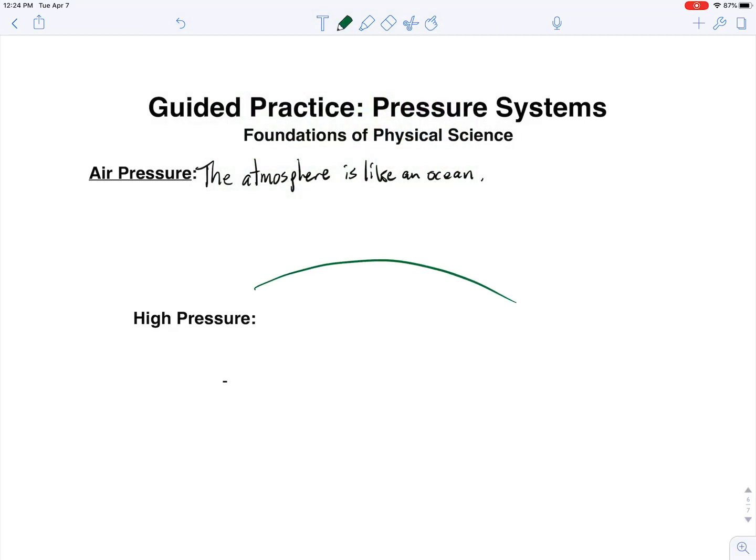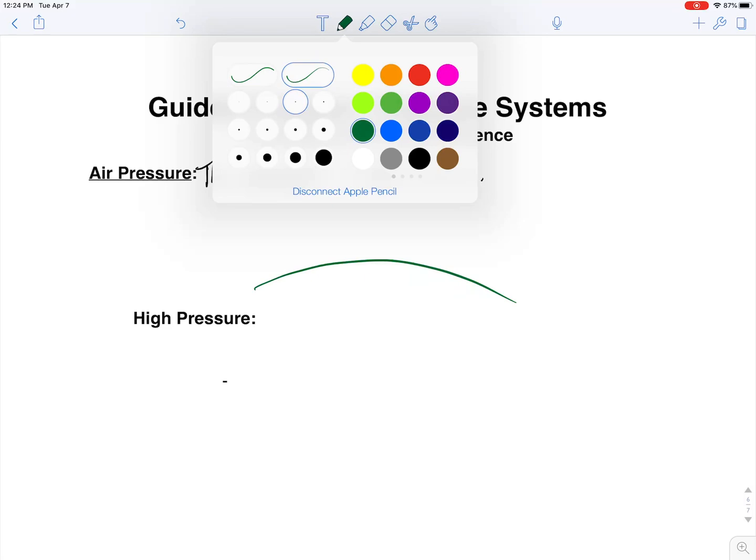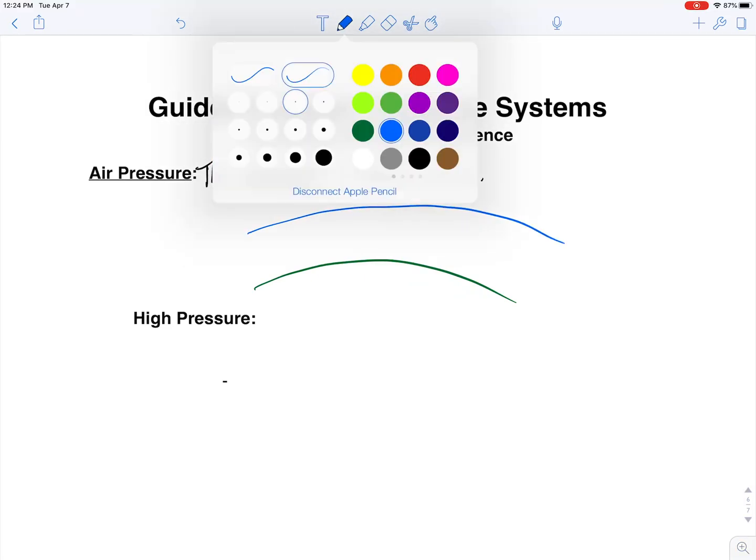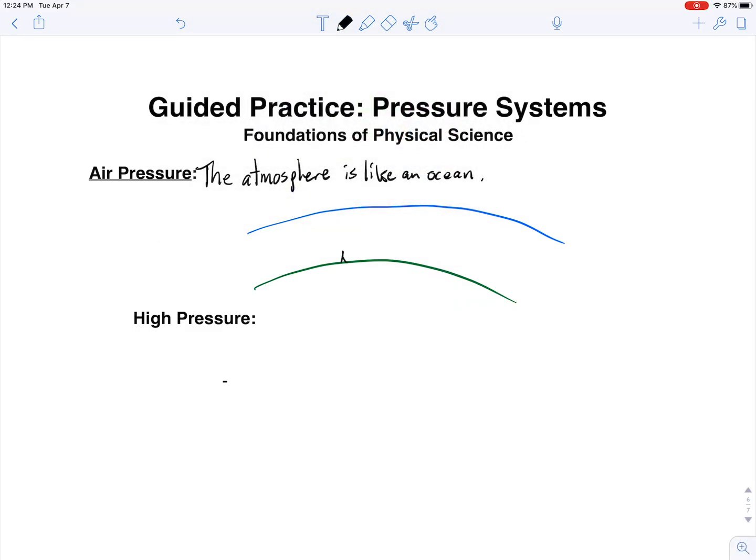We essentially live at the bottom of an ocean of air. If that's the Earth, here's our atmosphere, and we live down here at the very bottom of that ocean of air above the Earth. So we're experiencing a decent amount of pressure from all that air above our heads weighing down on us. It's squeezing us at roughly 15 pounds per square inch.